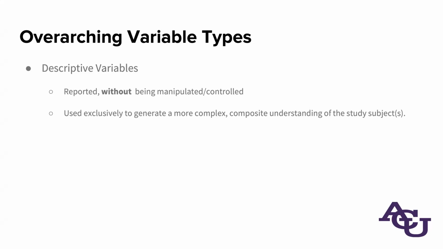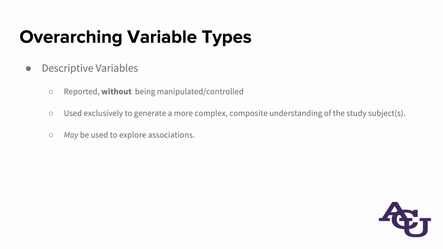You might also look at, depending on your studies, socioeconomic status, race, ethnicity, age, physical fitness, body weight, height, other things like that that create a more nuanced understanding. And it's not that you're tracking the descriptive variable specifically to try and determine, if I change this, what effect this has, because these are generally hard to manipulate directly like that.